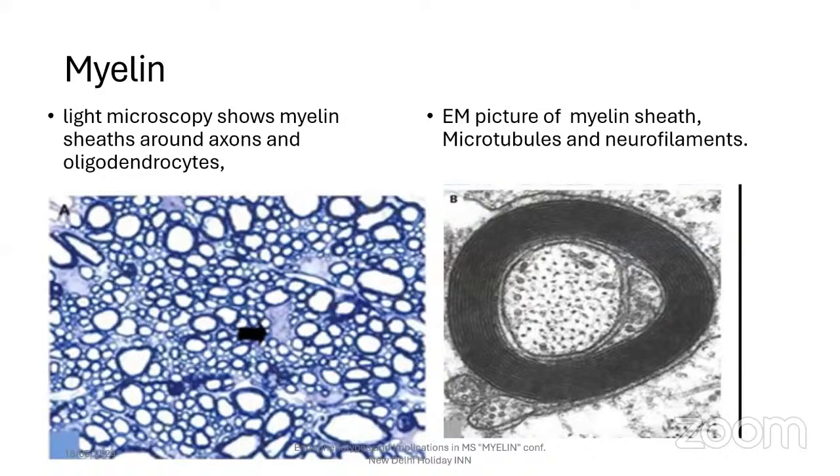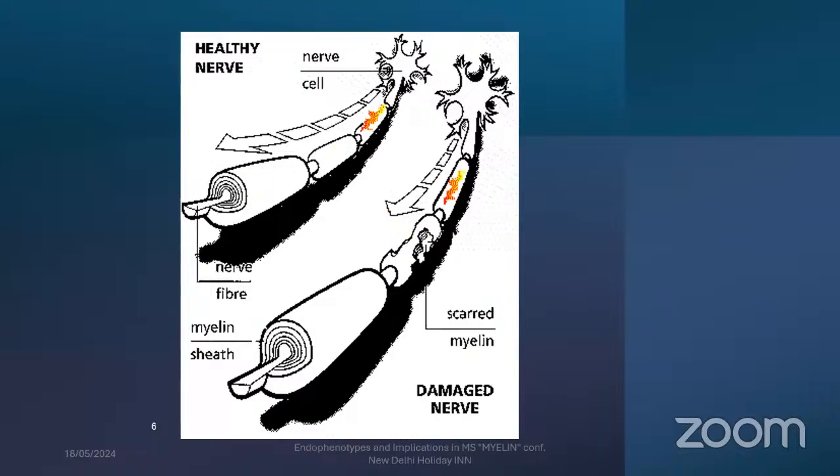Myelin sheaths are around the axons, and a couple of oligodendrocytes are seen here, with a black arrow pointing to one. And this electron microscopic picture shows the myelin sheath with microtubules and neurofilaments. This is the nerve conduction in the healthy nerve, as you see above. Below, when it is scarred and the myelin is gone, the saltatory conduction is affected.